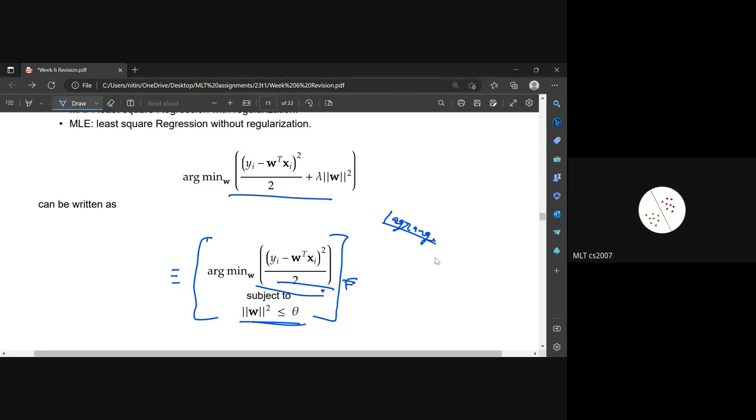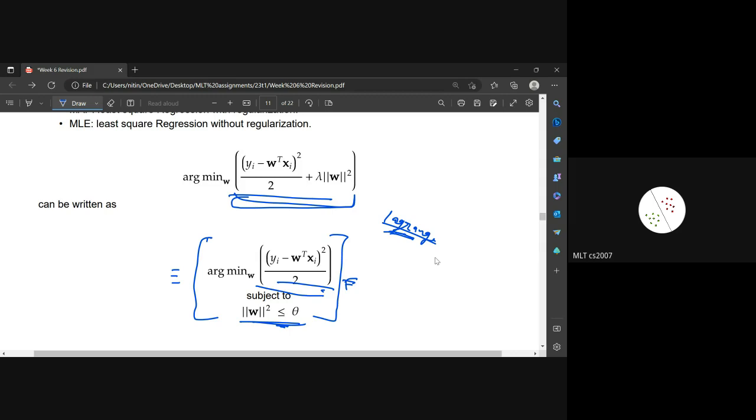This is your objective function and this is your constraint. How do you solve such problems? One is the Lagrangian, the other one is the KKT method. Yeah, that is more general, but here it is a convex function and there is only one constraint. That is not very hard to solve. So we can go with the Lagrangian method, right? So what is the Lagrangian in this case? This one is the Lagrangian, right?